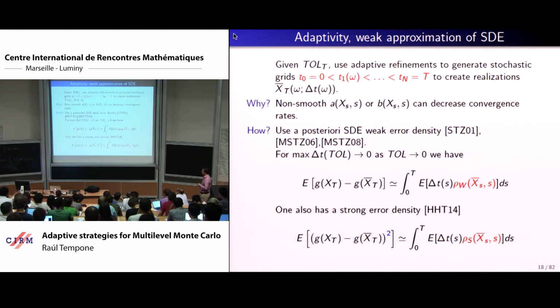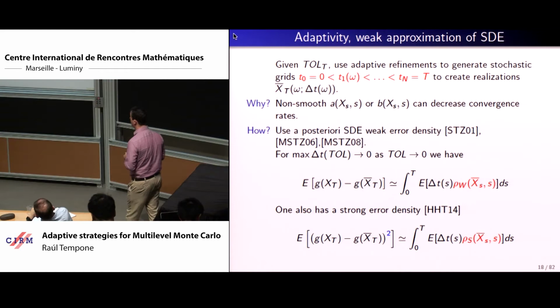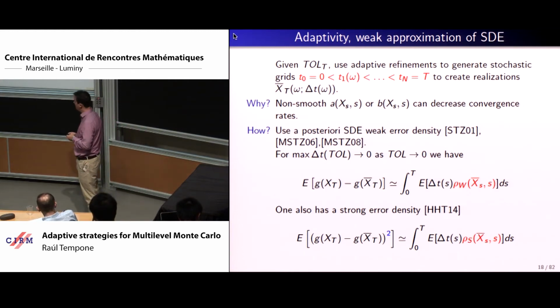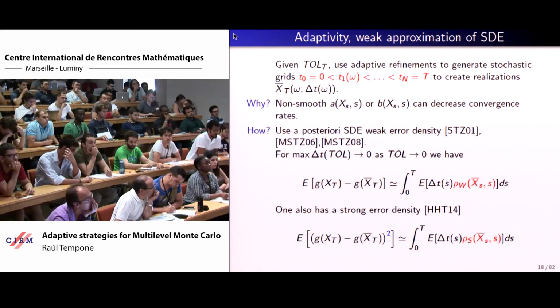Okay, but the whole point now is that once you actually produce these error densities, you can produce single-level adaptive algorithms. So single-level adaptive algorithms will try to find these time steps so that, say, for example, a bias error is satisfied, or even, say, this type of L2 error is satisfied. And what does it allow then? It allows for the following construction. If you want to create a multi-level adaptive method, you derive the discretizations with a sequence of tolerances.